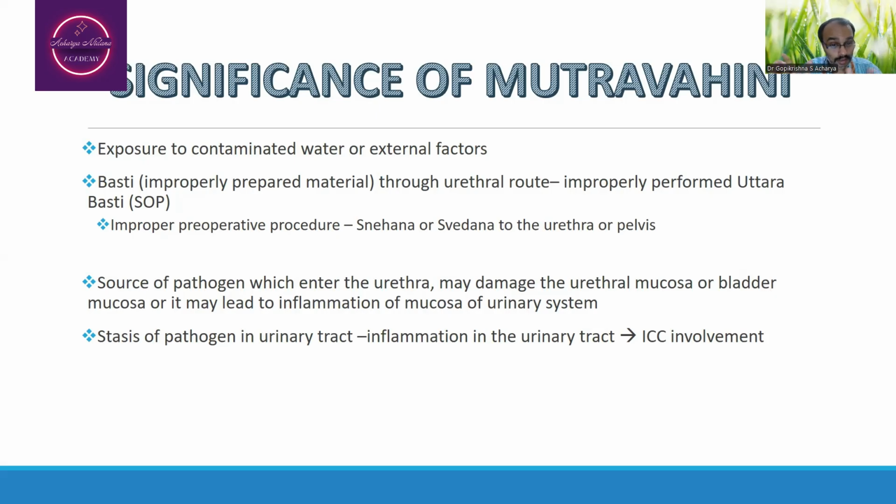If that is not done, there may be damage to this Bahya Srotas. The pathogens entering via the urethra may damage the urethral or bladder mucosa, or lead to inflammation of the mucosa of the urinary system, leading to stasis of the pathogen in the urinary tract. Thereby inflammation may happen. Again, this is considered an intracellular compartment affliction.